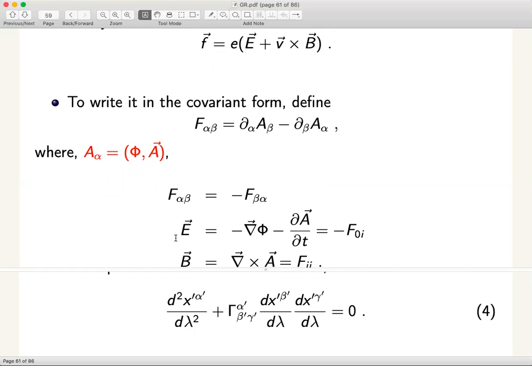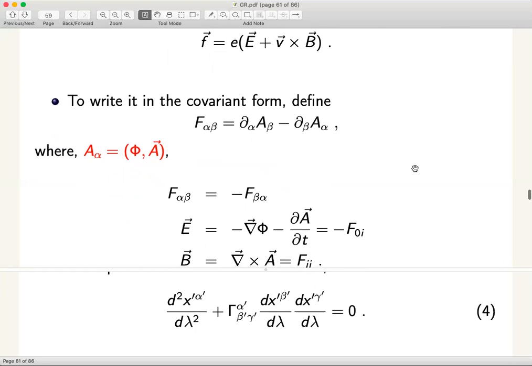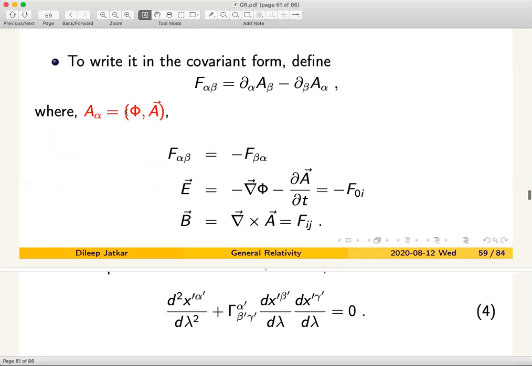The electric field is written as minus the gradient of the Coulomb potential minus the partial time derivative of the vector potential. I have just written this for notation purposes; otherwise, I should have written down a vector property here. Since everything is a vector here, I'm looking at F0i as a component of a vector.